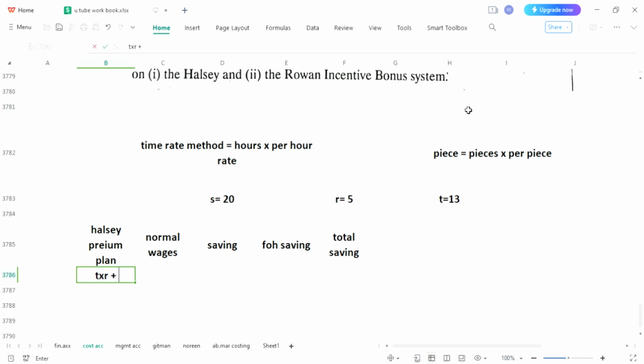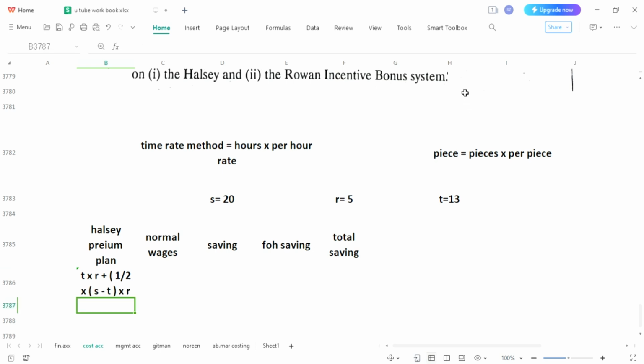Then you put the sign of plus, bracket open, and then 1 divided by 2, you multiply, bracket open, and then you have standard time minus time taken, bracket closed, and it would be multiplied by r, or rate.